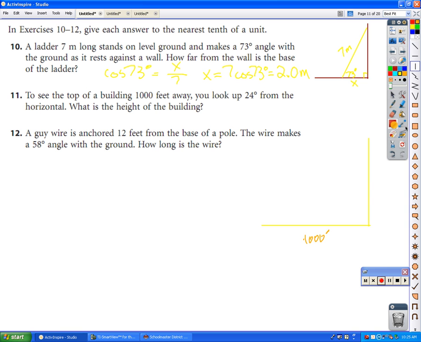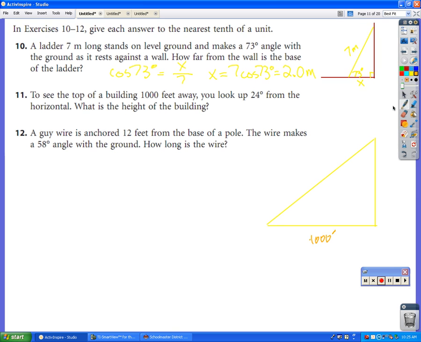And when we look up, our eyes make a 24-degree angle with the ground, and we're trying to figure out what the height of the building is over here. So since we're trying to find the height, which is the opposite side, and we know we're 1,000 feet from the base of the building, which would be the adjacent side, we're going to use tangent.